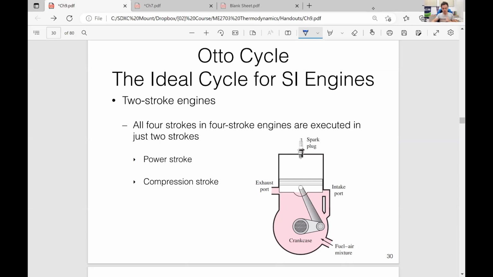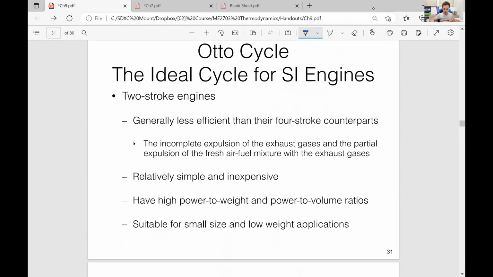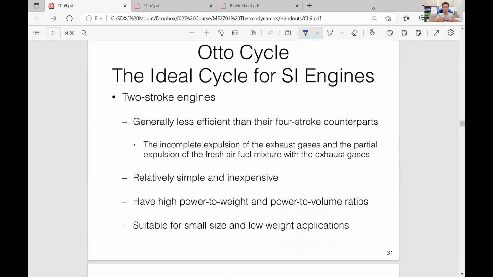All four strokes in a four-stroke engine can be executed in just two strokes. One is the power stroke, the other one is the compression stroke. Usually two-stroke engines are less efficient than their four-stroke counterparts.